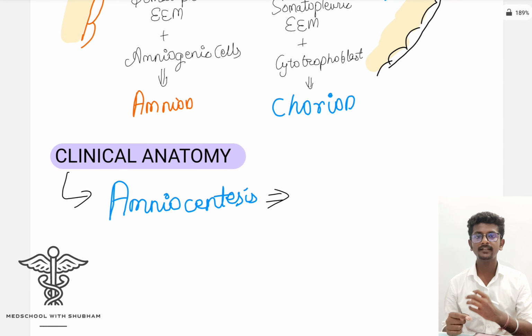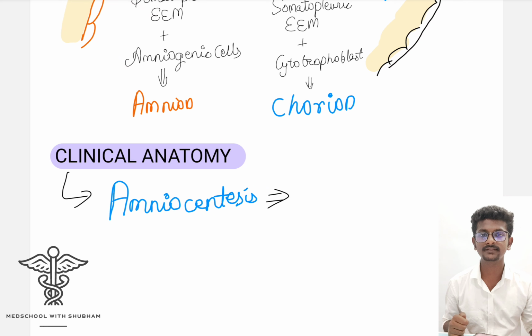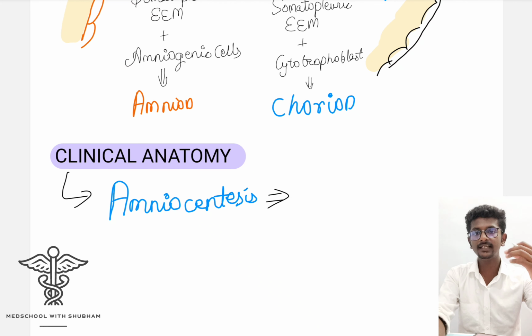They extract some amount of the amniotic fluid from the amniotic cavity and they send this amniotic fluid for some clinical tests. There are some cells inside this amniotic fluid, and these cells go through clinical tests and gene testing, and if any genetic defects are present in the baby, they can be diagnosed in the embryonic stage only.